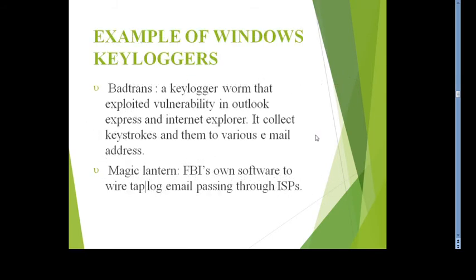Examples of Windows keyloggers: Perfect Keylogger worm, which can exploit vulnerabilities in Outlook Express and Internet Explorer. It collects the keystrokes and sends them to various email addresses. Then Magic Lantern, launched by the FBI, its own software tool to wiretap email passing through an internet service provider.